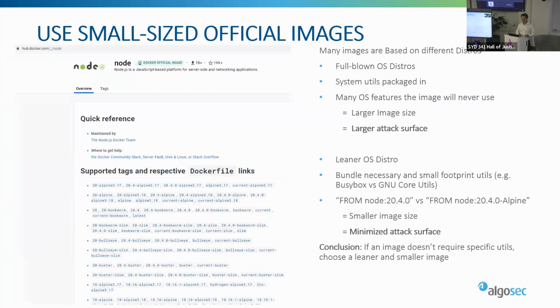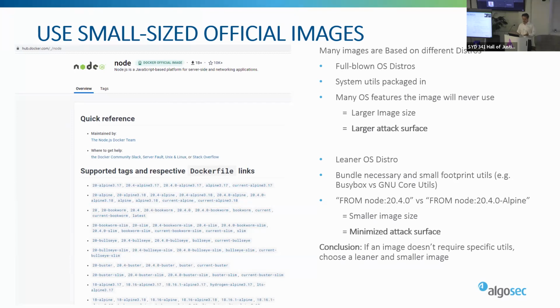The next one is using small-sized official images. Many images are based on different distributions, and sometimes these distributions, even though they're certified and verified, come with a lot of services that are not required. So a large image is a large attack surface.